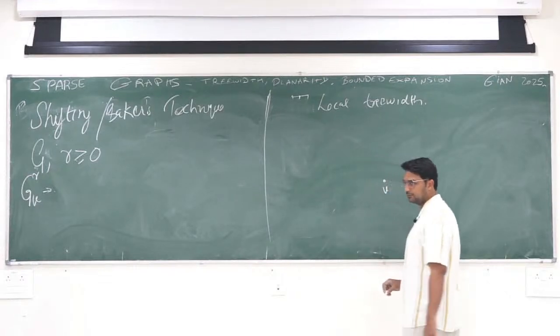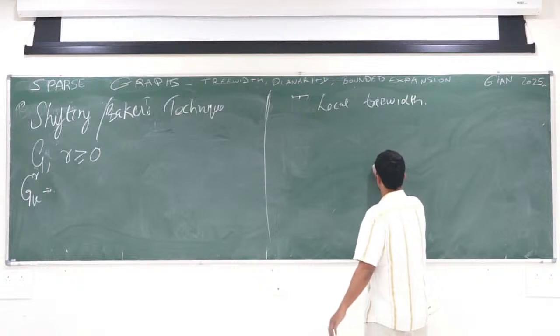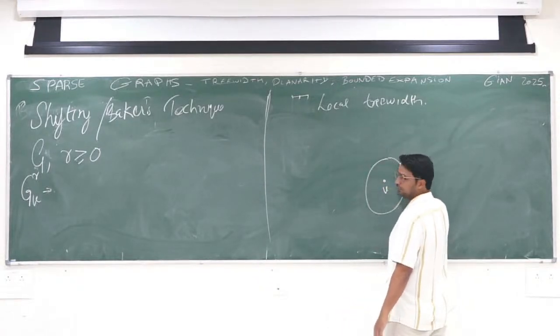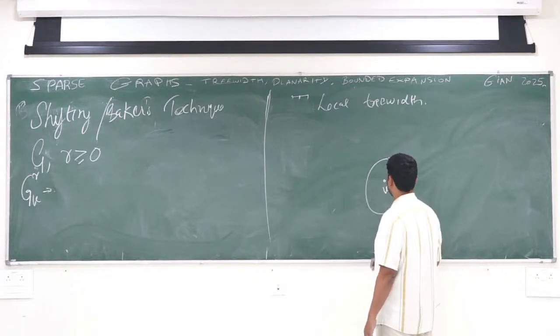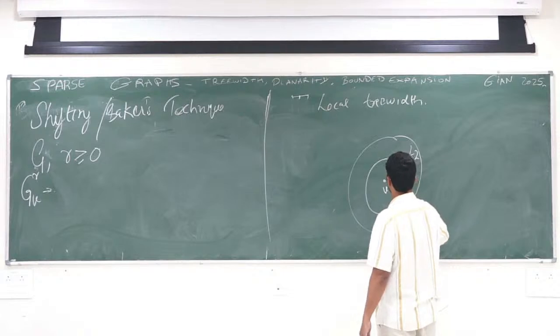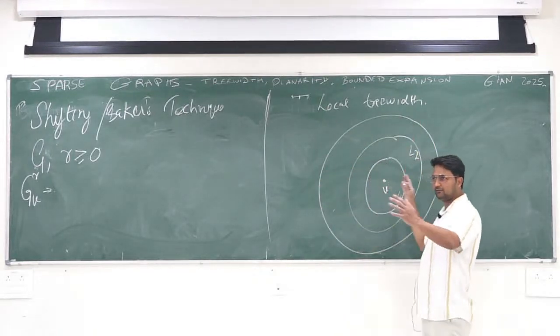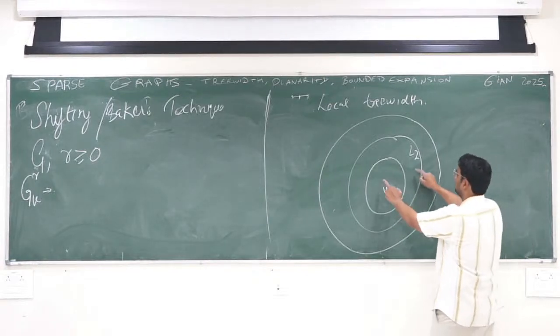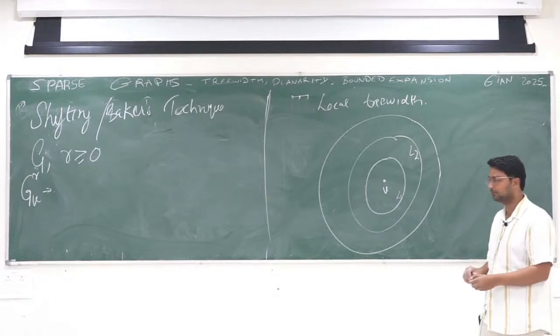Say we have a vertex V, and we do a BFS around V. These are vertices which are neighbors of V, at distance at most 1, we call them L1. These are vertices at distance at most 2, L2. This way we keep growing our graph, and this is what we will call a ball of radius 3, and you can generalize to a ball of any radius.